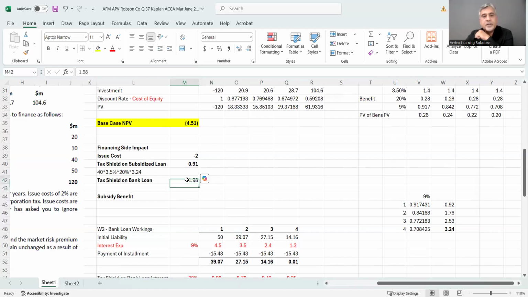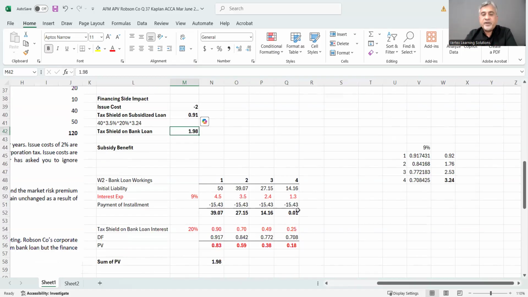This is the number. It might be slightly different if you see the solution on ACCA Hub or in the practice kit, because I calculated discount rates using formulas, and the book or ACCA Hub use the discount rates given there.